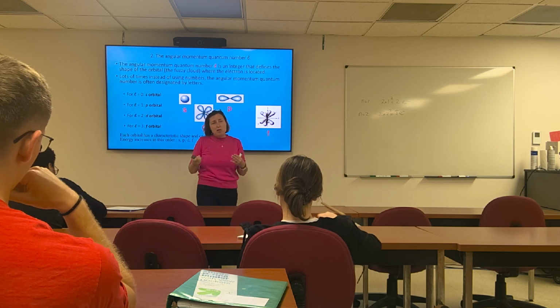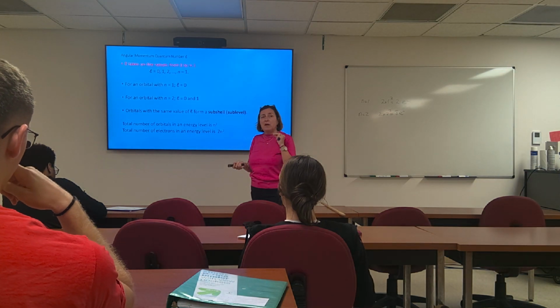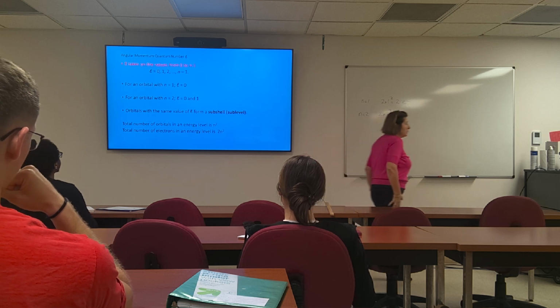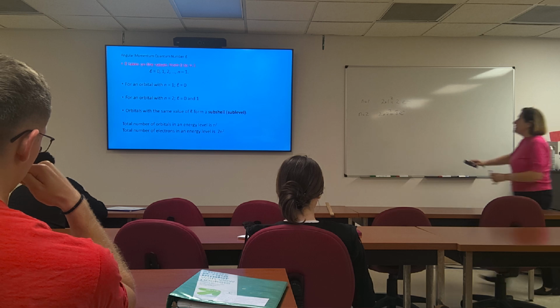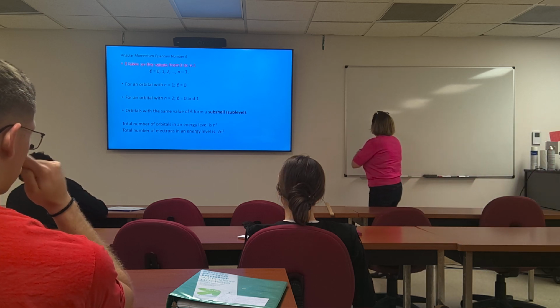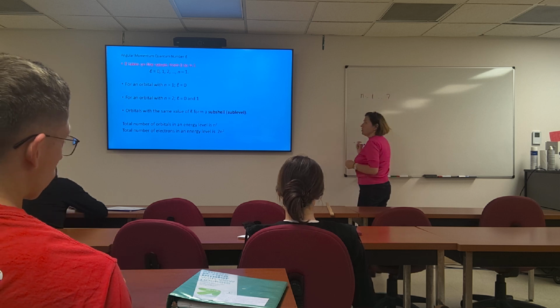Let's look at the values that L can have, because the values of L depend on the value of n. So we have the principal quantum number, and that will dictate what values of L I can have. Your n goes from 1 up to 7, every integer, right?